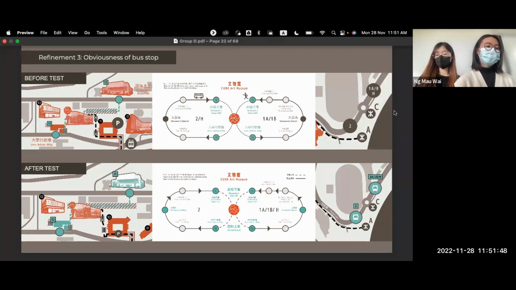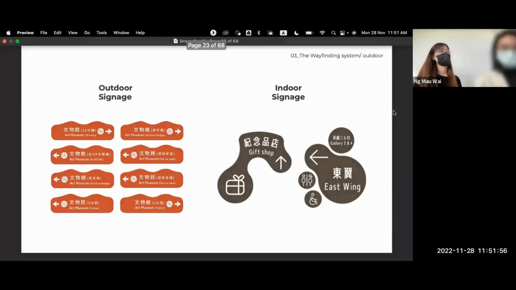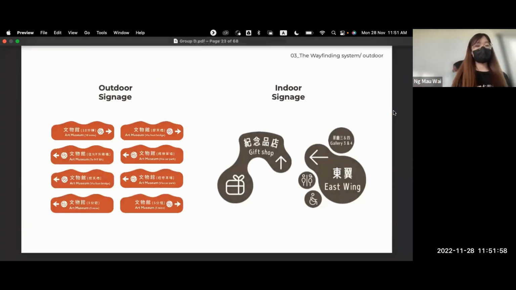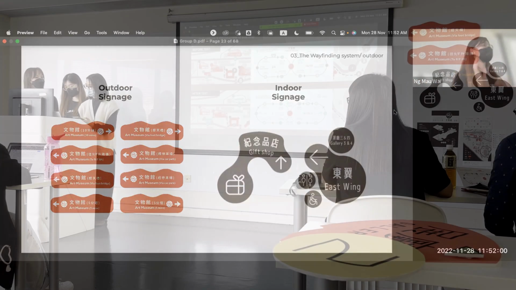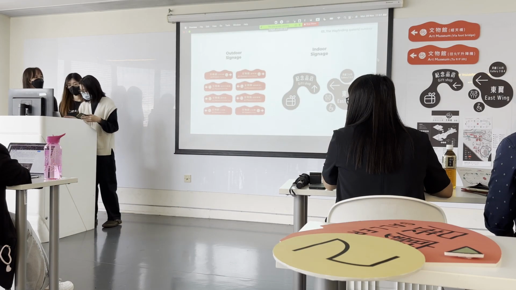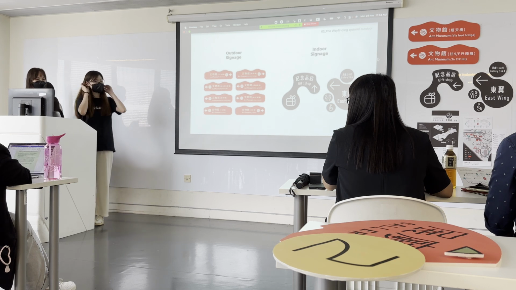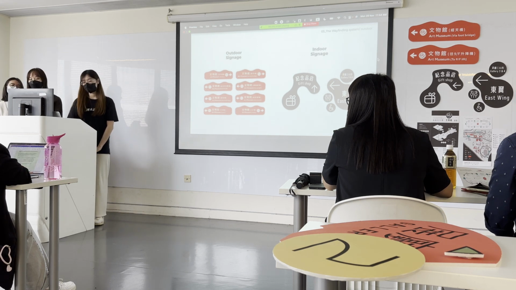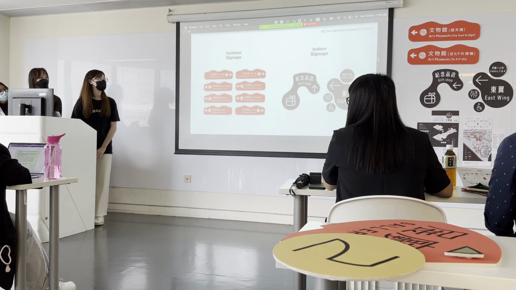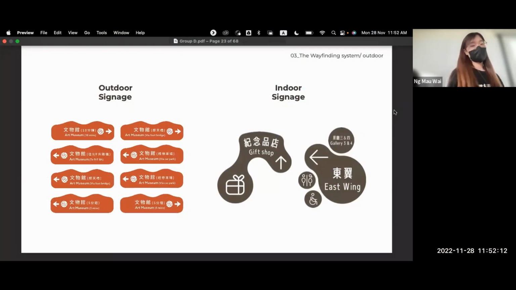There are also other adjustments, like the color of landmarks related to the bus routes. They also changed to blue, which appeared much clearer to users, with high color contrast.